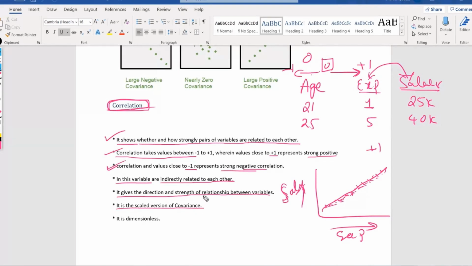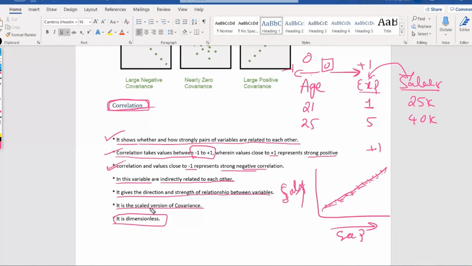They look the same, but the names are a little different based on different scenarios. We have seen how the numbers lie in a range: there we saw -infinity to +infinity, here it lies between -1 and +1. And unlike covariance, it is dimensionless.